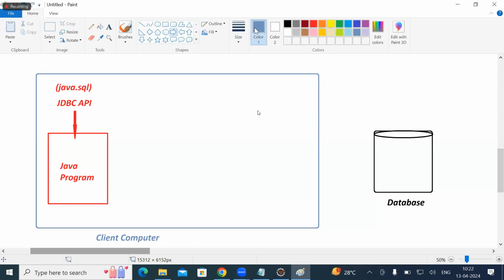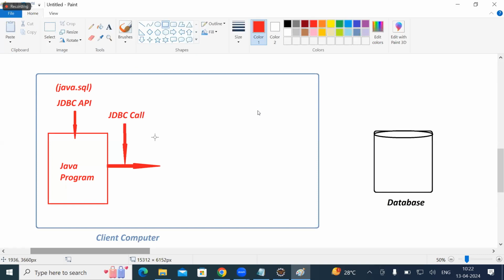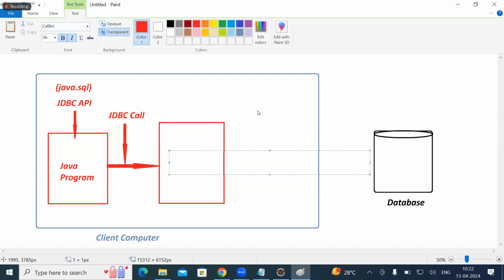Now here, one Java call will come, nothing but a JDBC call. Now, this JDBC call must be taken by one driver, the native API driver.